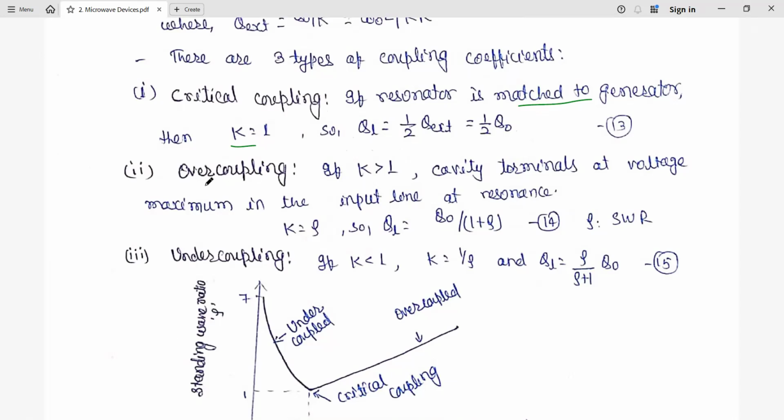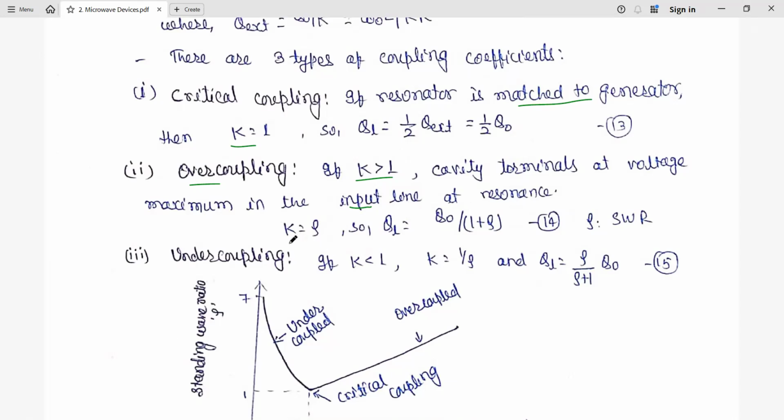In case of overcoupling, it is like in control systems, where you read about underdamped, overdamped and critically damped; you can correlate in the same way. Overcoupling means the K value is greater than 1. What happens is that the cavity terminals are at a voltage maximum in the input line, so the cavity voltage will be maximum in the input line at the resonance frequency.